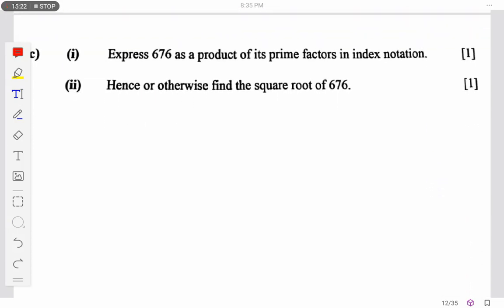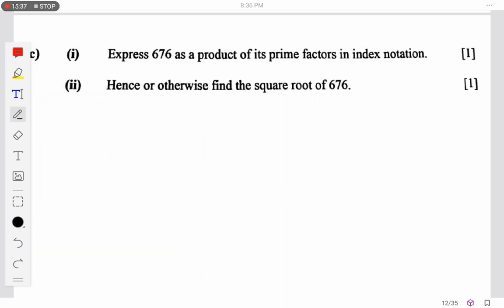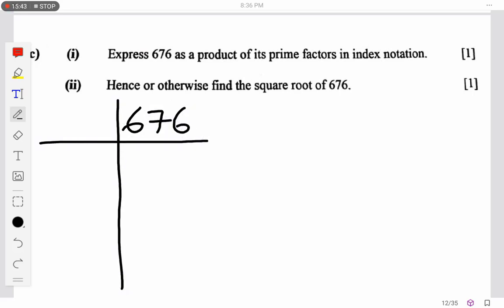Okay, fine. This question we are asked to express 676 as a product of its prime factors in index notation. So when they say index, it is basically the powers there. Okay, so let's do that. Now we can do long division. For this one, I prefer to use long division and find a number that will be going using our prime factors 2, 3, 5, 7, 13, and so forth.